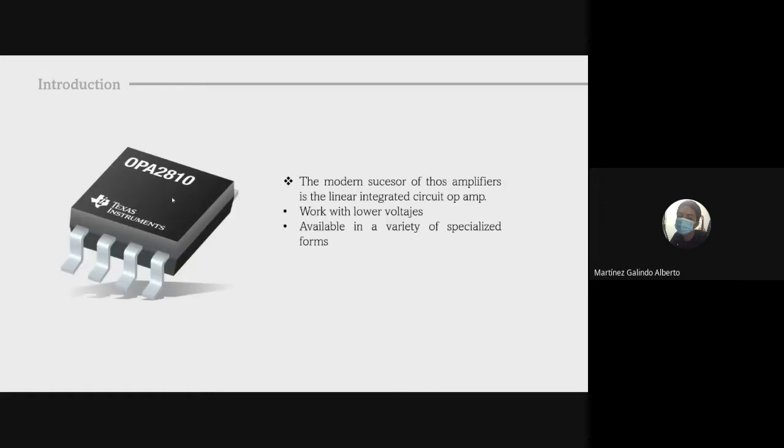The new operational amplifiers are the integrated circuits we already know, now upgraded and working with lower voltage, and they are available in a variety of specialized forms.